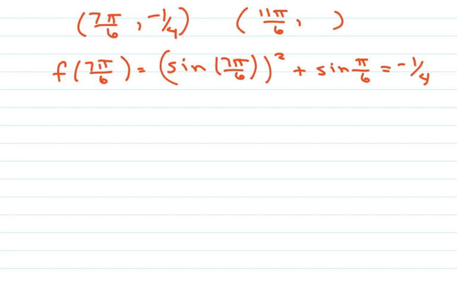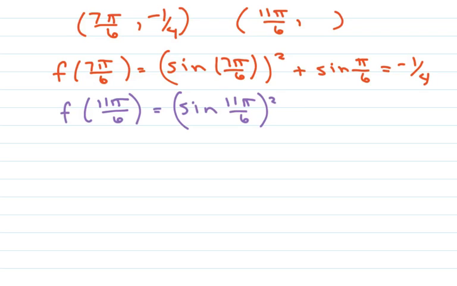And we also do it for 11 pi over 6, and you plug that in. That also gives you negative 1/4. So these are your relative minima.